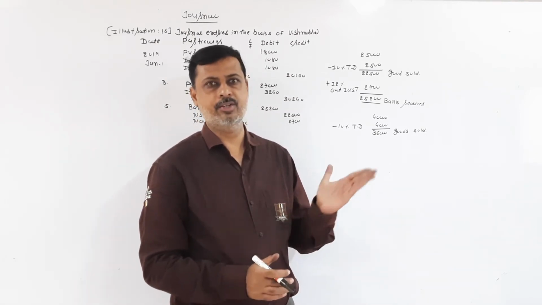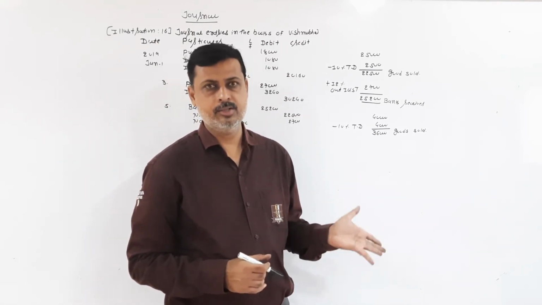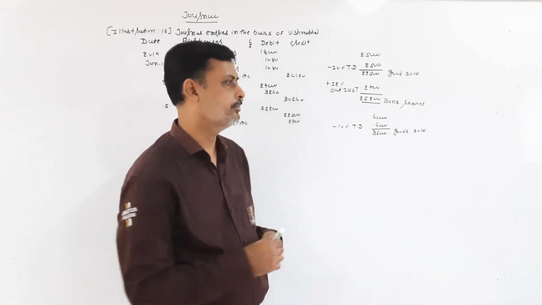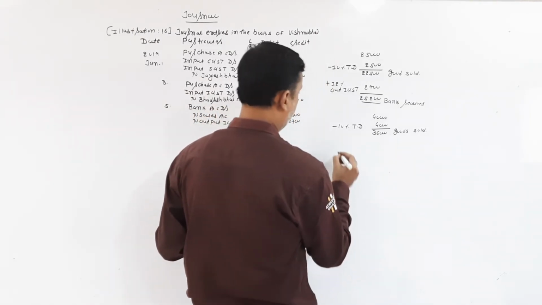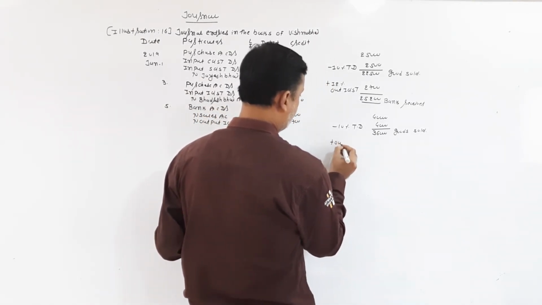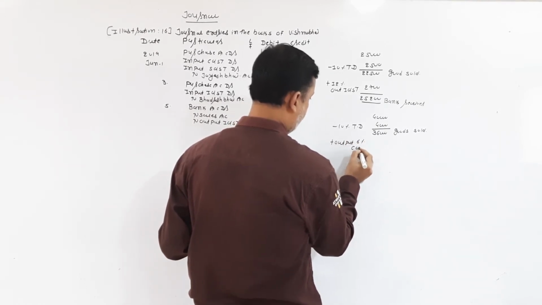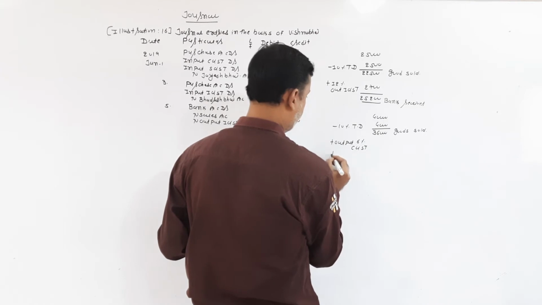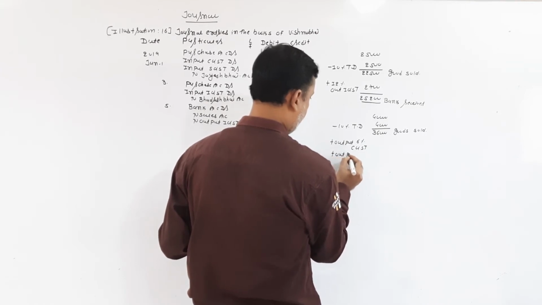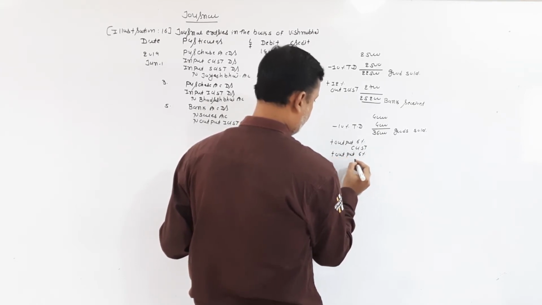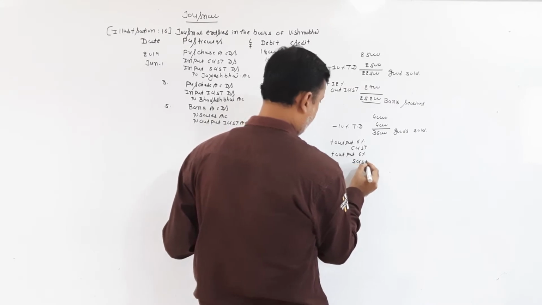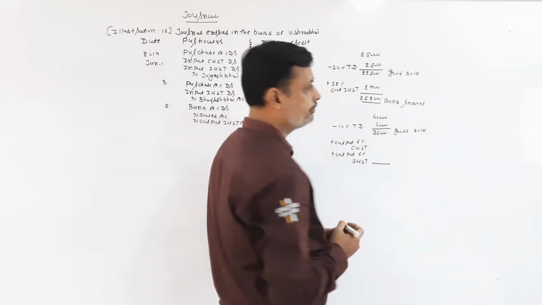So CGST and SGST are applicable here, 6% each. Goods sold means output 6% CGST and output 6% SGST.